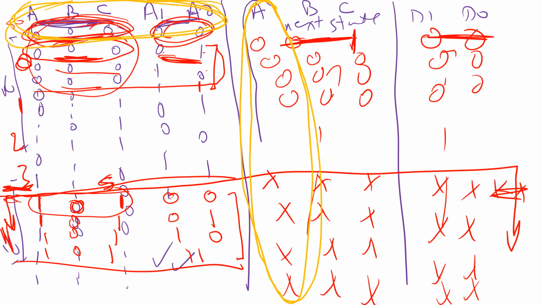So all you have to do here, guys, is take all this, these are the inputs, and I need to get F1, F2, F3.